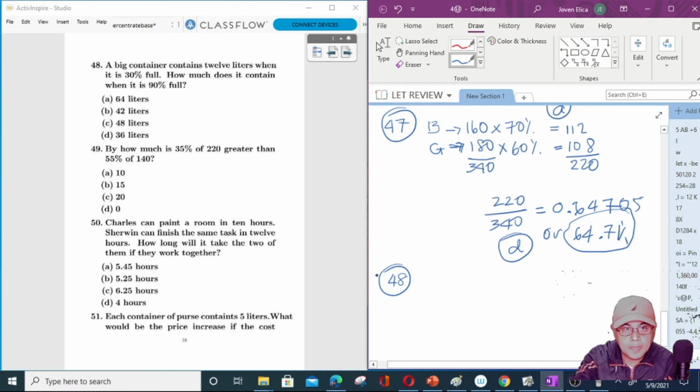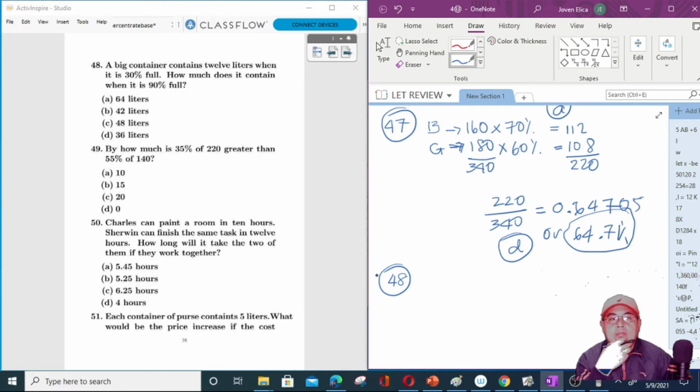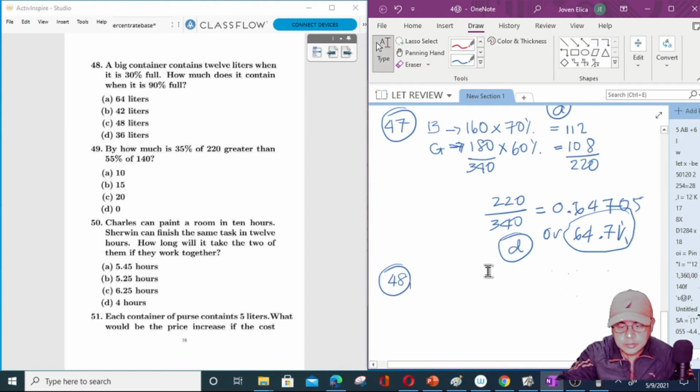A big container contains 12 liters when it is 30% full.